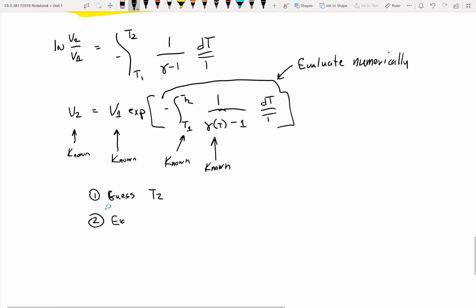We're going to evaluate the integral. We're going to evaluate the right-hand side of the equation.